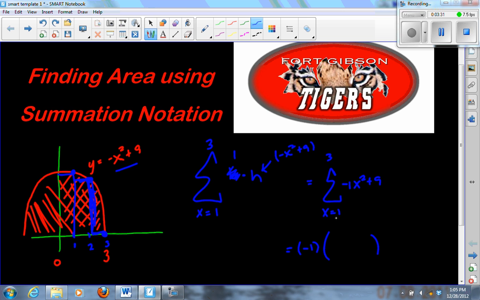The formula for x squared is n times n plus 1 times 2n plus 1 all over 6. And the formula for a constant is your constant times your upper bound. And these 3 right here, you multiply these 2 together and then add that to 27. You're going to get the approximate value for the area under this curve, which is 13 square units.